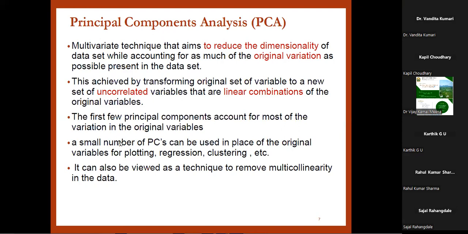We would like to perform principal component analysis because this will reduce the size of the data set, and we can use it for plotting the data, clustering, regression and many more techniques. It can also be viewed as a technique to remove multicollinearity, because when we transform the original data set, the data becomes uncorrelated.